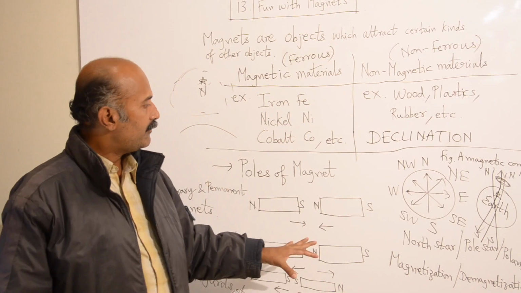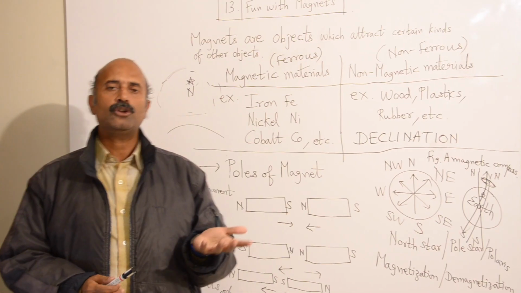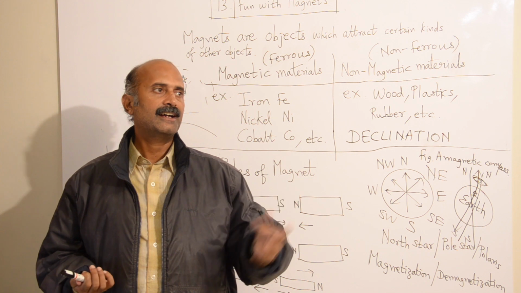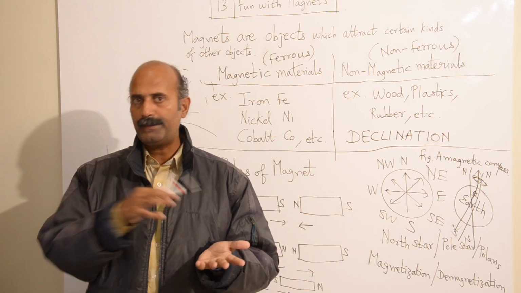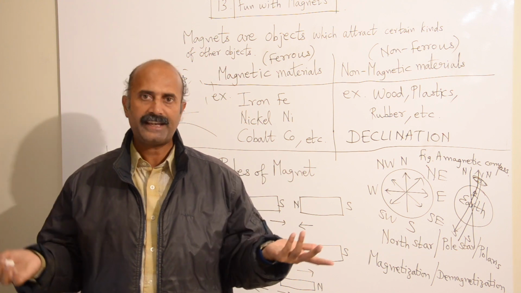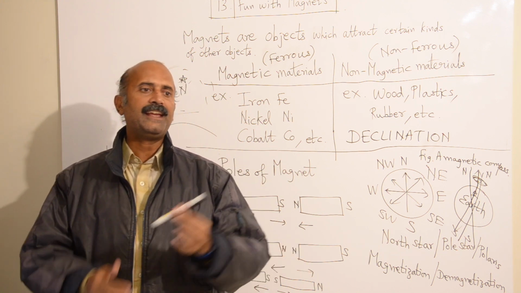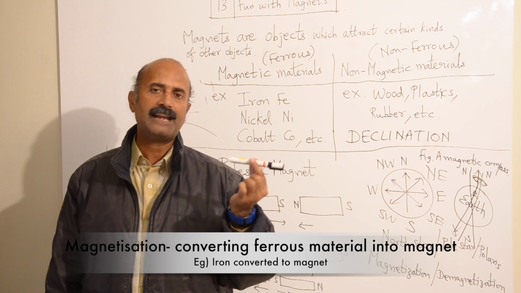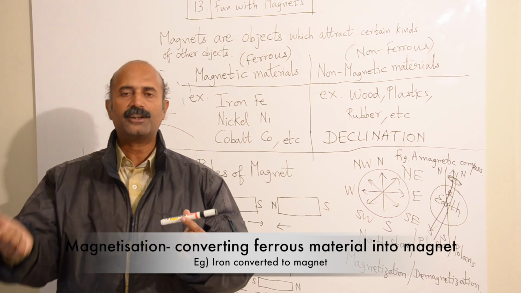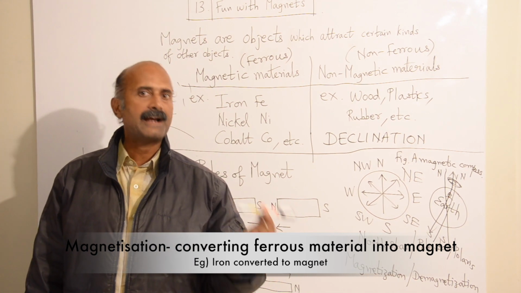Now, can we take a piece of iron or steel and make it a magnet? Yes, we can. And can we take a magnet and make it a normal iron material without the magnetic effect? Yes, we can. The process of converting a ferrous material, be it iron, nickel, or cobalt, into a magnet which attracts other ferrous materials is known as magnetization.